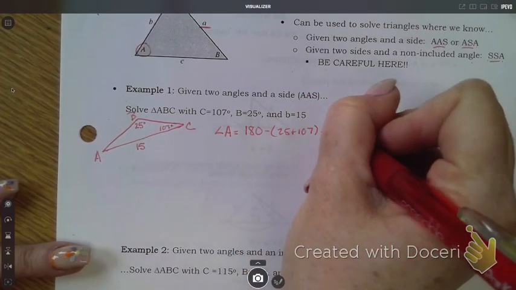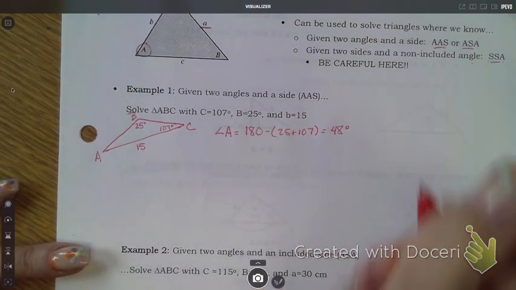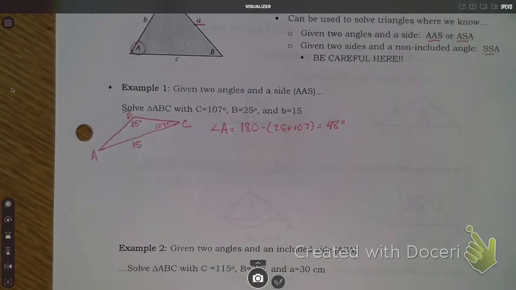And you guys said 48 degrees? Yes. Okay, I have to see your work. You cannot just tell me 48 degrees. Because sometimes when I add 25 and 107, I get 123. Or 133, excuse me. What did I do wrong? 5 plus 7 is not 13, is it? It's 12.